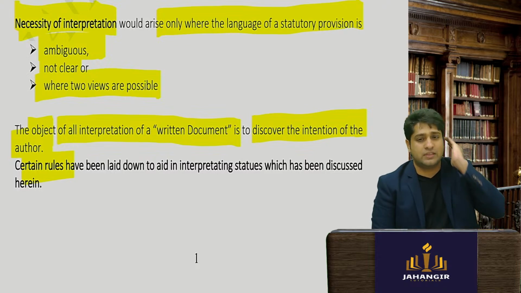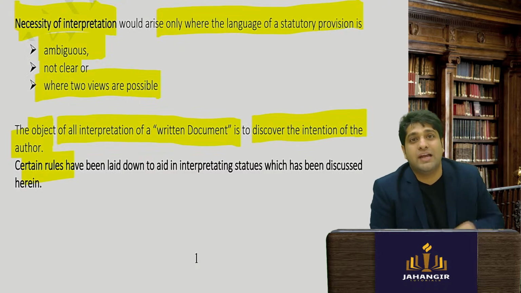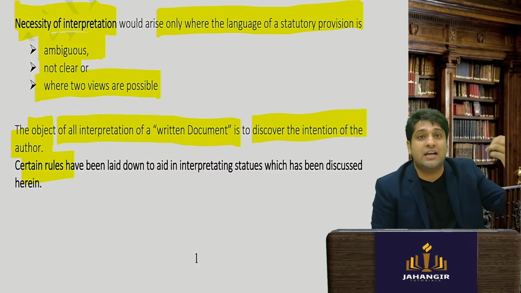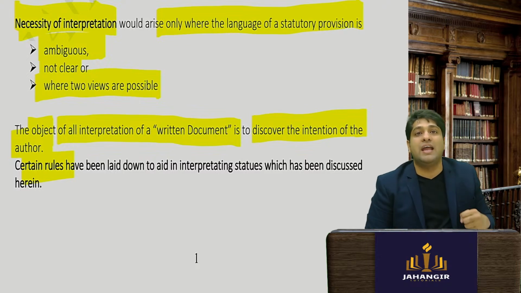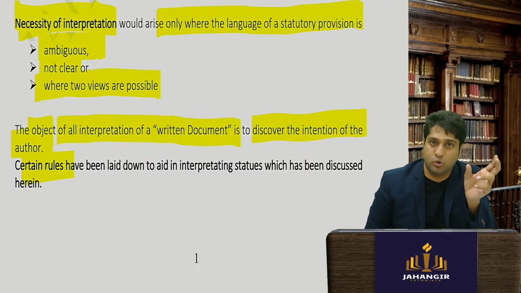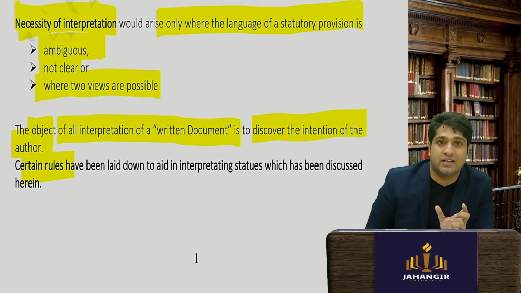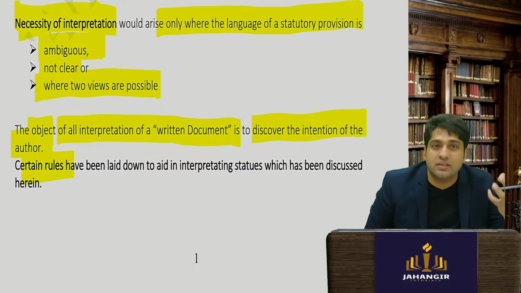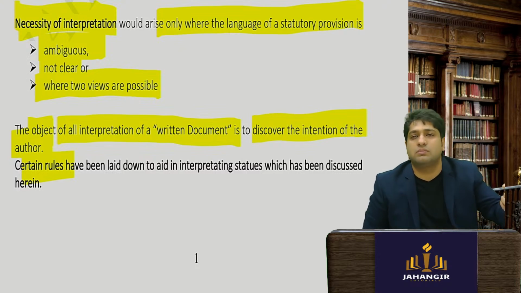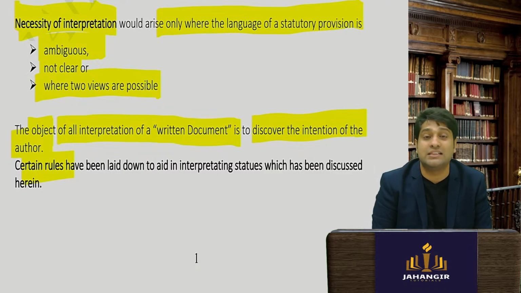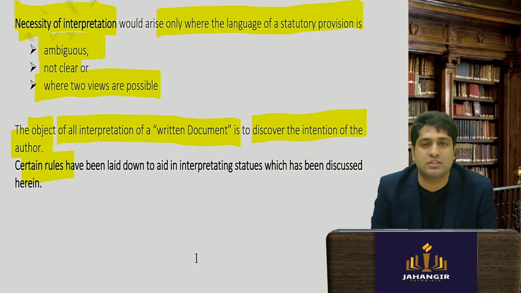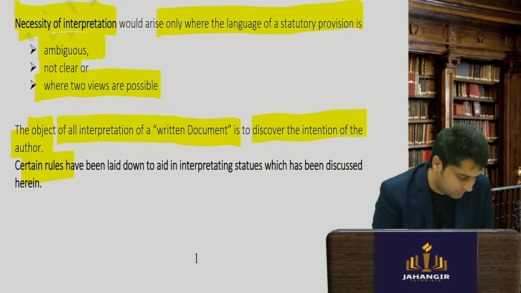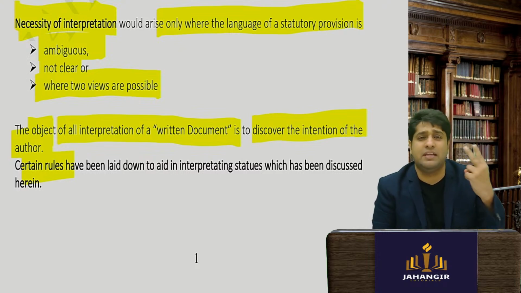The answer is no. Interpretation of statutes will only arise when a particular section or provision of the act is ambiguous, not clear, or uncertain. Sir, ambiguous means what? Ambiguous means two meanings, double meaning.